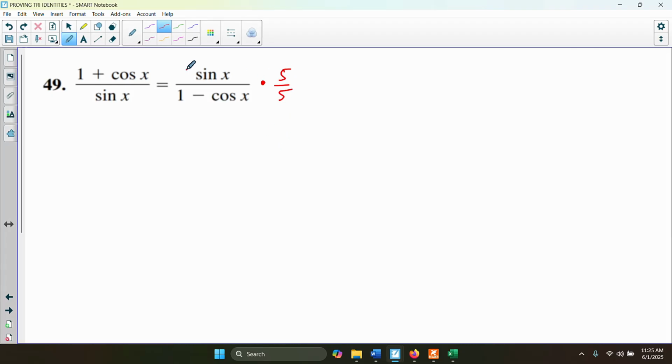Like, what's the difference? 5 and 5. I'm demonstrating that as long as I multiply top and bottom by the same number, and I'm only dealing with one side at a time, not doing it to both sides, I'm allowed to do this. As long as I do it top and bottom by the same number or the same expression, I'm good.